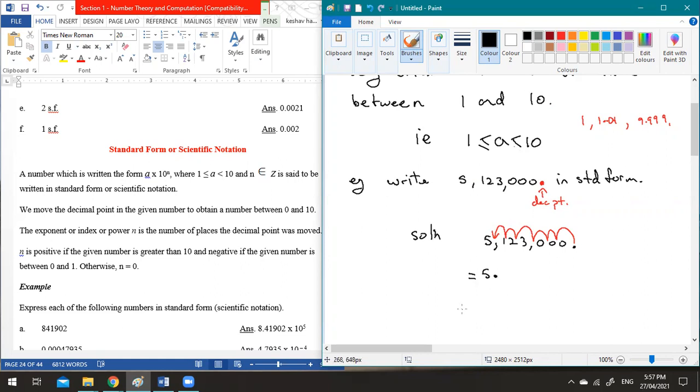So you move the decimal point here, 5.123. Now, this number is vastly smaller than this number here, but we want it to be equal. So we'll multiply it by 10. So how many places did we move it? 6, right?